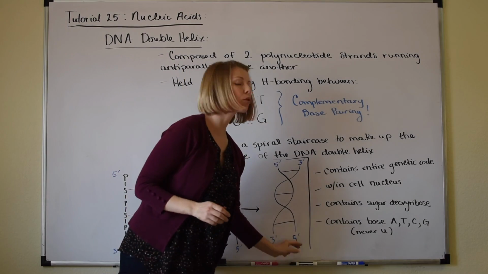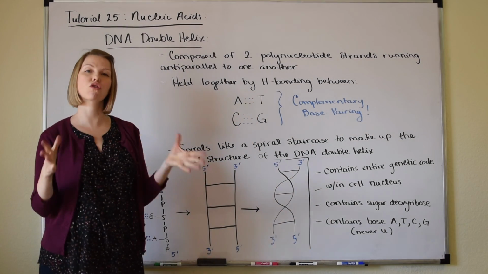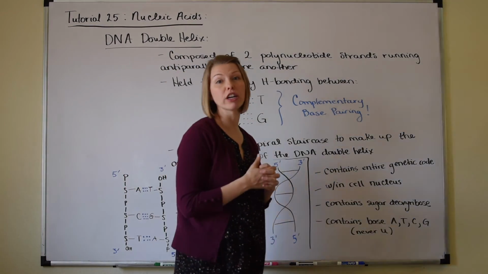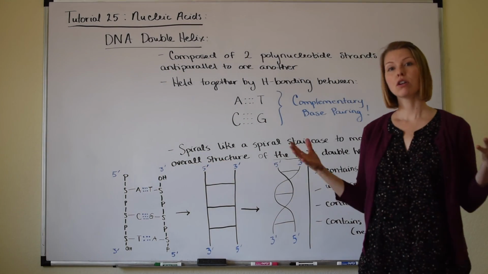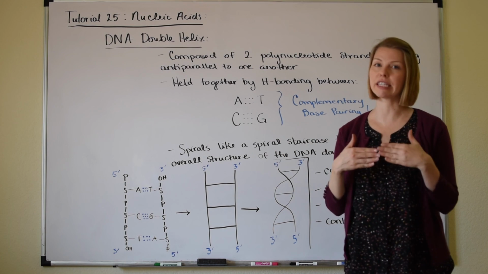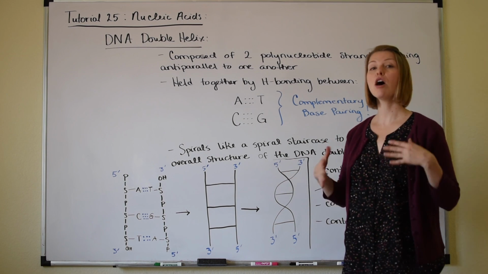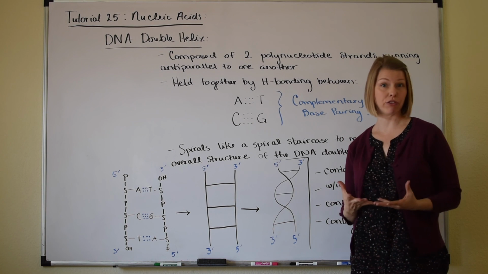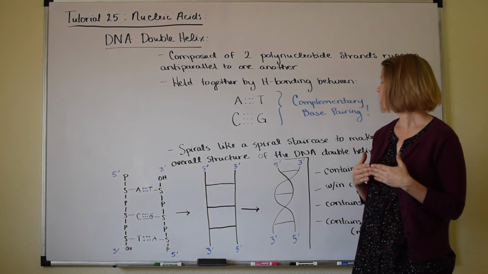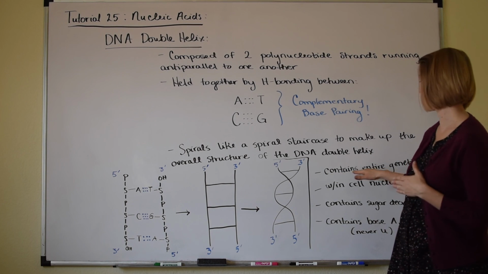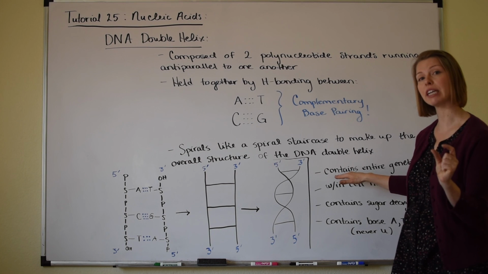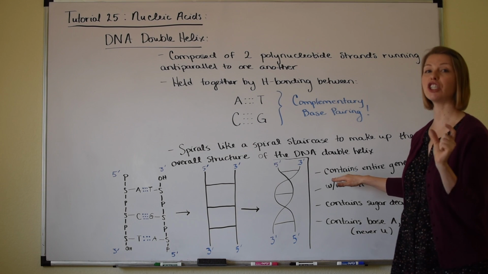So I'm just going to verbalize kind of the contrasting summary for RNA. So they're both composed of nucleotides linked together in the same way. They're both nucleic acids. But how is RNA different? Well, remember that RNA does not contain the entire genetic code. RNA contains just a copy for one gene.